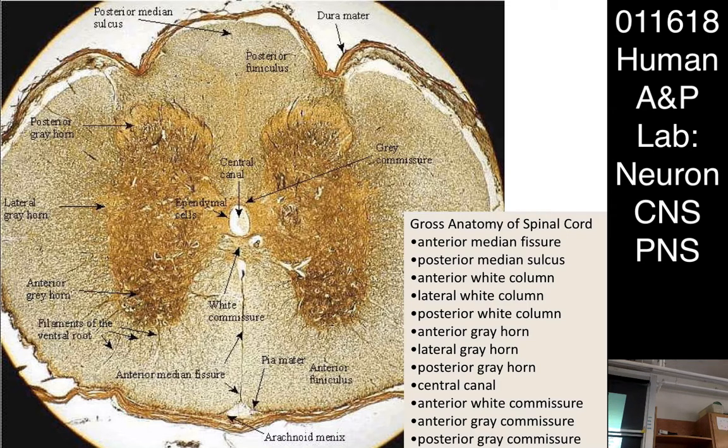All right. So first off, there's this thing called the central canal. It runs down the very center of the spinal cord and communicates with what are called the ventricles of the brain, void spaces there. Here is the gray matter.